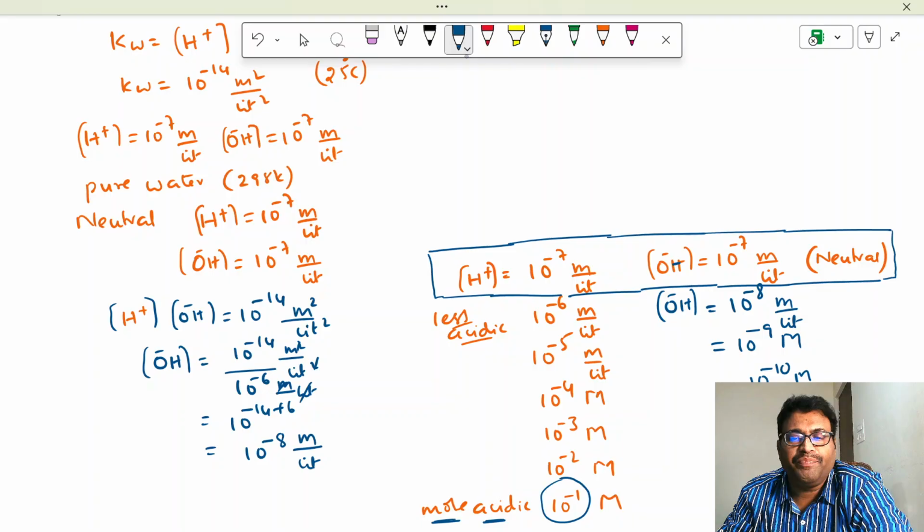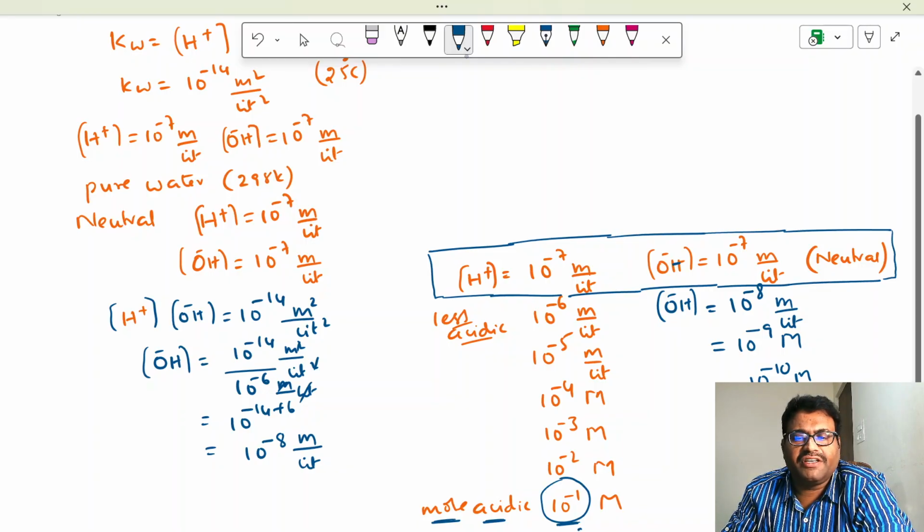In the same way, if H plus ion concentration is 10 power minus 1, then this will be 10 power minus 13 molar. If it is 10 power 0 molar, then it will be 10 power minus 14 molar.